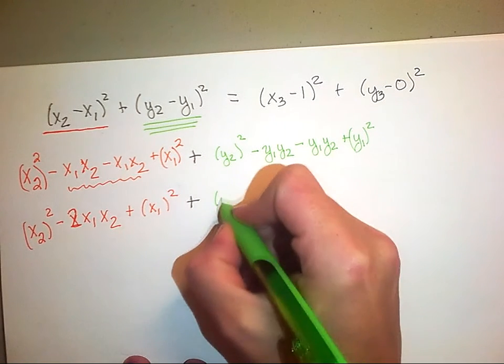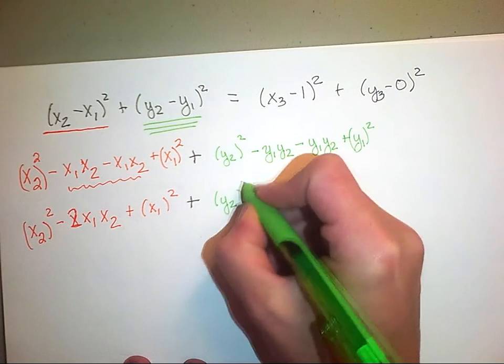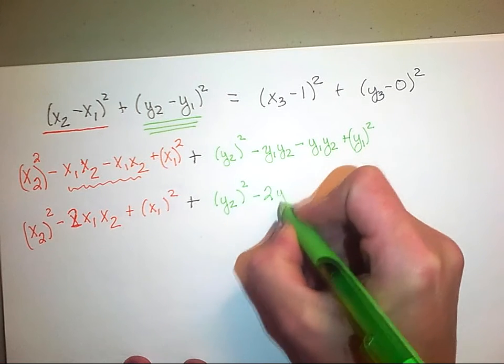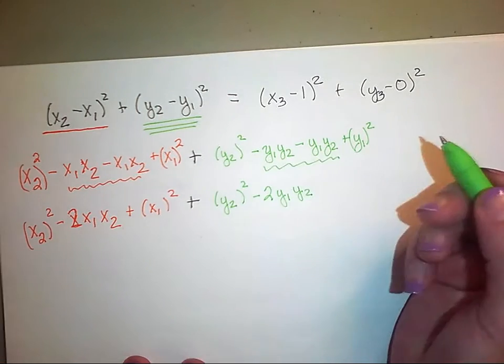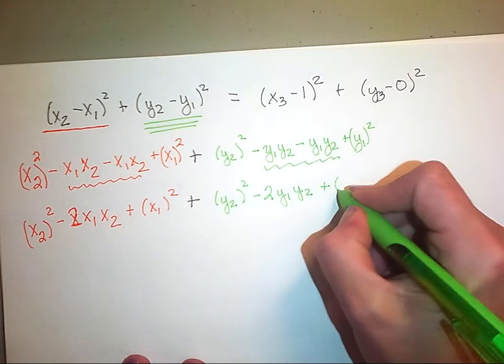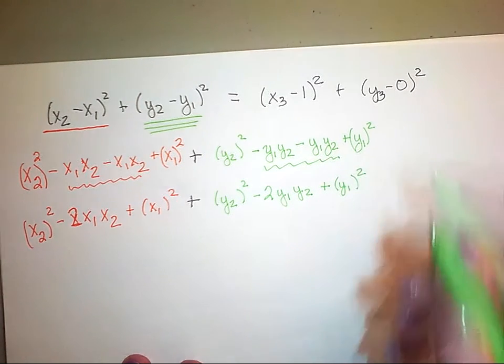Which we can simplify to y sub 2 squared minus 2 y sub 1 y sub 2, because these are like terms, plus y sub 1 squared.